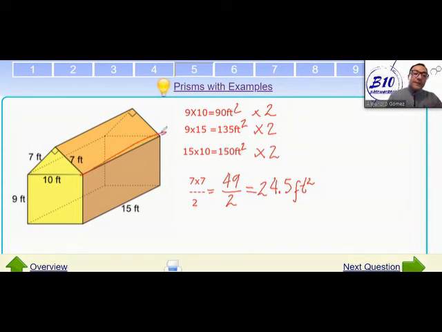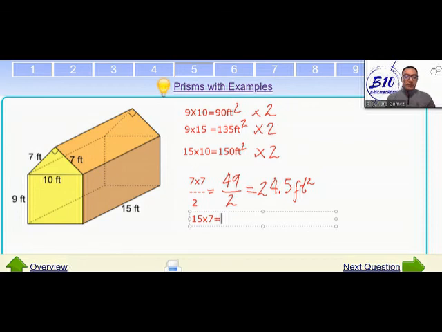This is 15 by 7, isn't it? 7 on one side, 15 on the other. It is a rectangle. So what are we going to do? We are going to multiply 15 times 7. And how much is 15 times 7? 10 times 7 is 70, plus the half of it, which is 35.